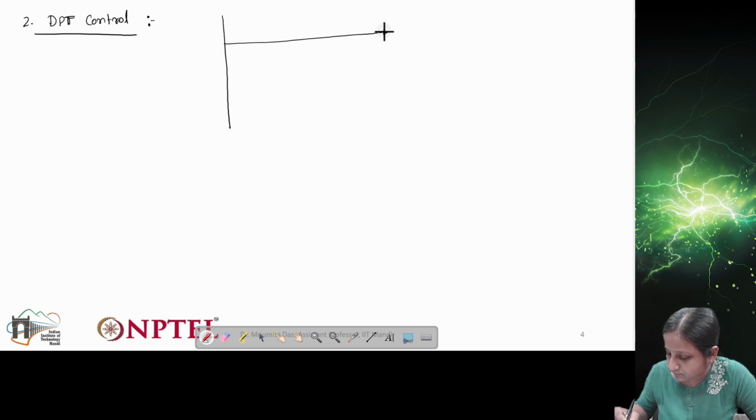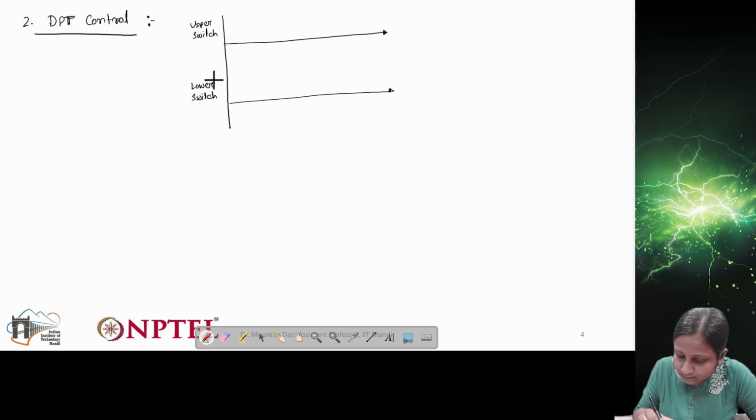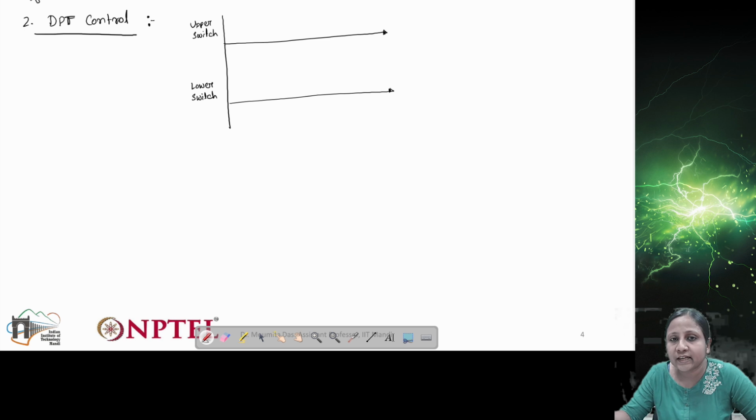So this is, let's say, the upper switch, and this one is the lower switch. As you know, the upper switch is connected across the inductor, which can also be represented with diodes.